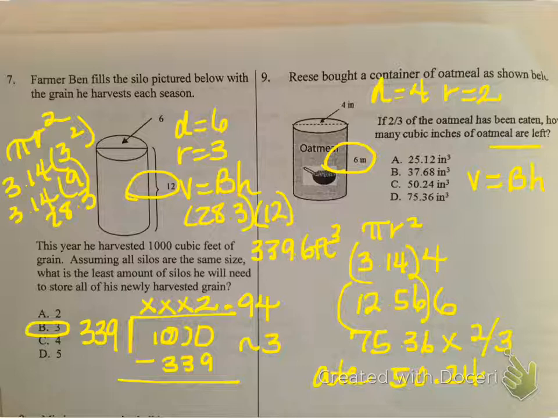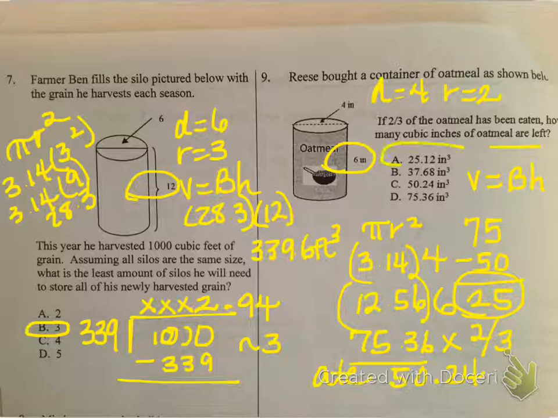So I'm going to take my total in my container, 75 minus 50, and I subtract, and I find out that there's about 25.12 inches cubed of oatmeal left in this container.